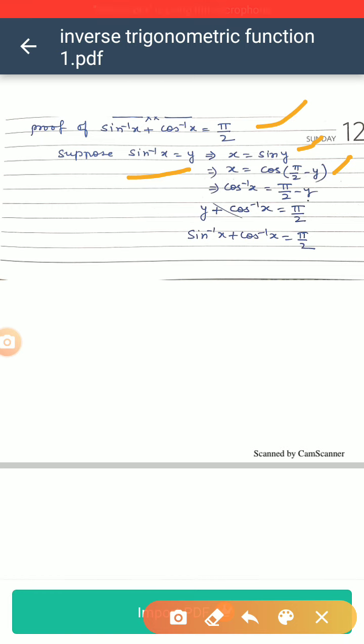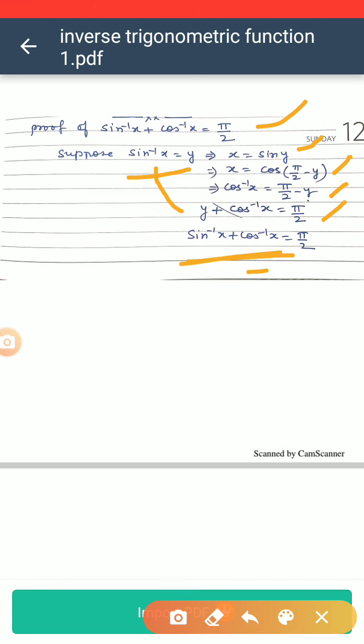Now you transfer this cos to the left hand side, and we get cos inverse x equal to pi by 2 minus y. Now we transfer the y also, so on the left hand side we get y plus cos inverse x equal to pi by 2. Now you put the value of y again. The value of y is sin inverse x, so sin inverse x plus cos inverse x equals pi by 2.